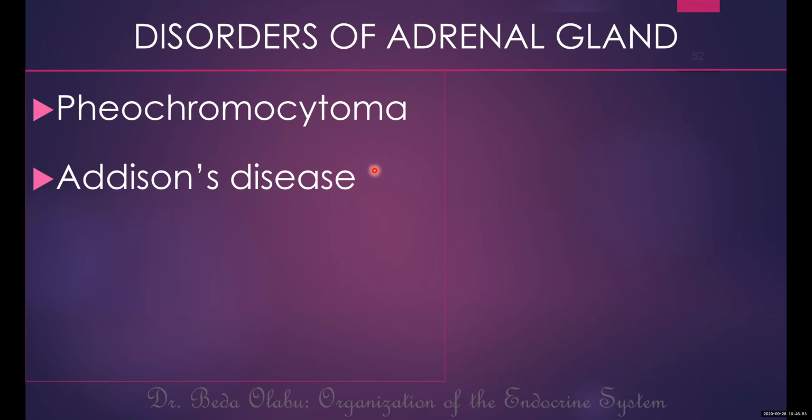Addison's disease refers to adrenocortical deficiency. You have lower production of adrenocortical hormones, and usually both glucocorticoids as well as mineralocorticoids are affected. Conn's disease is where you have elevated levels of aldosterone.